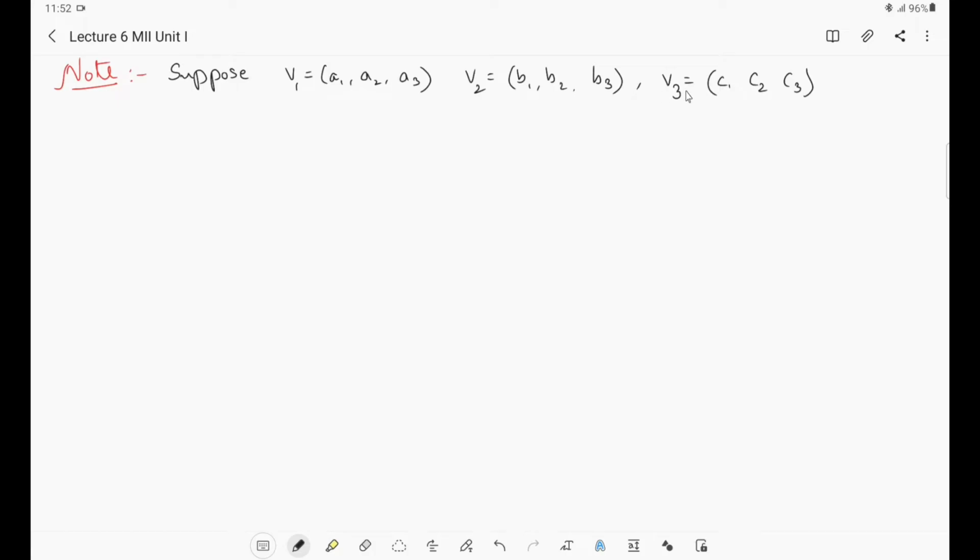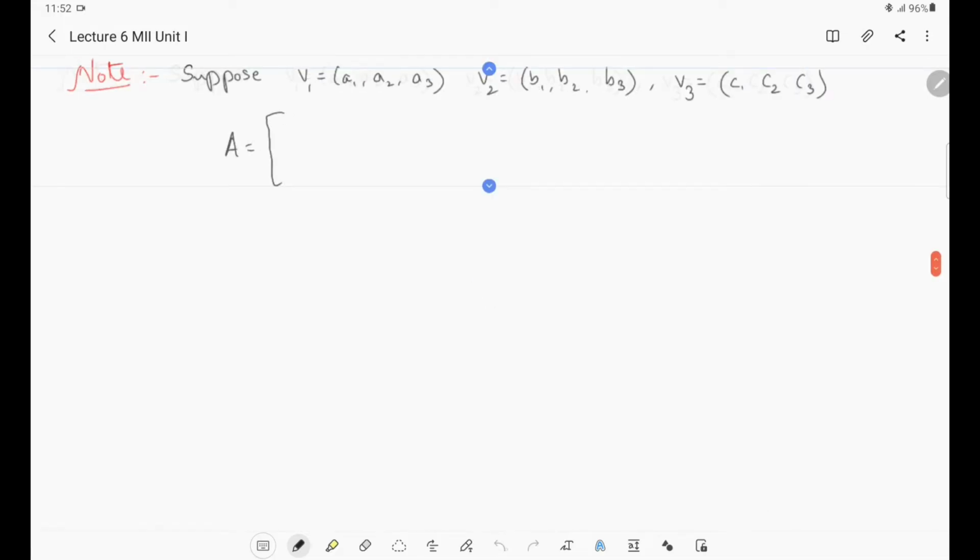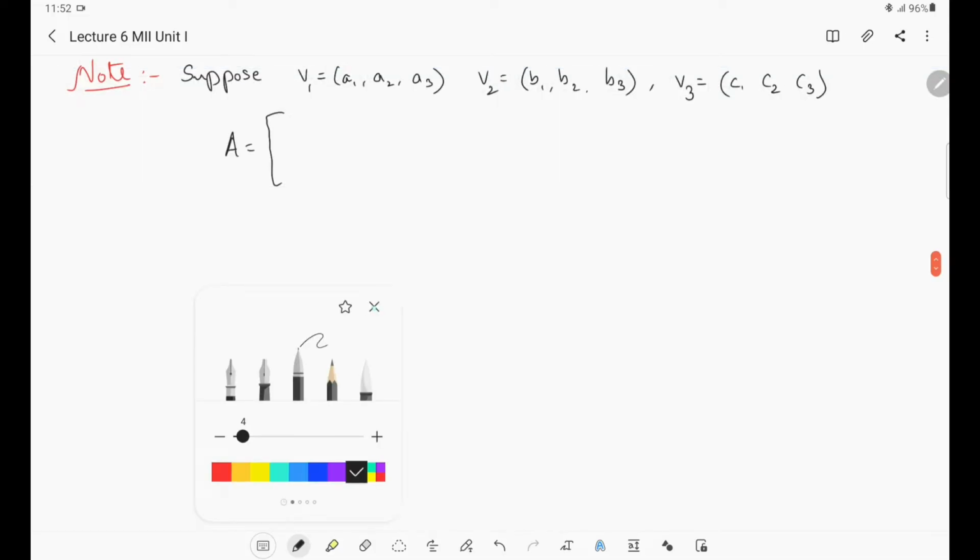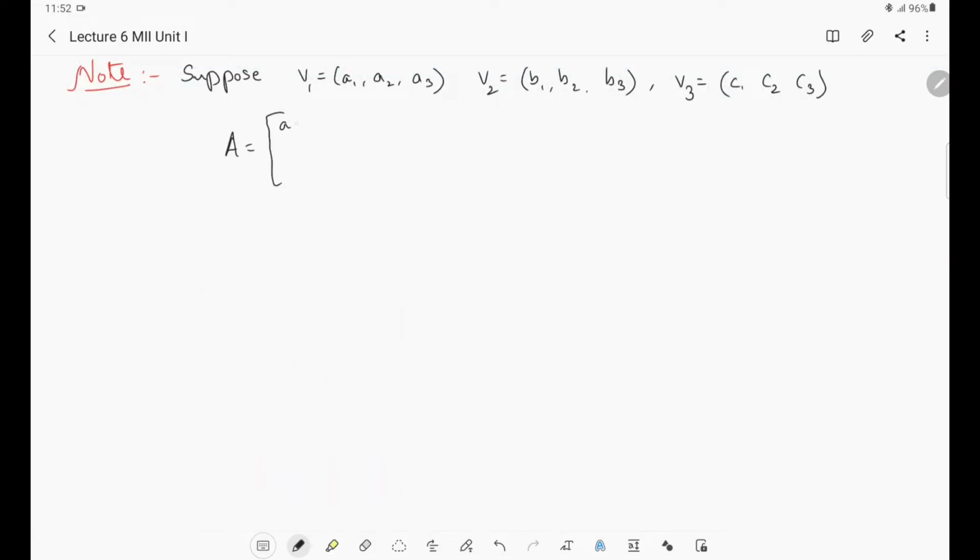If these 3 vectors are given and we are asked to test whether they are linearly dependent or independent, we have to form a matrix A whose rows are the vectors themselves: a1, a2, a3; b1, b2, b3; c1, c2, c3. v1 should be in the first row, v2 in the second row, v3 in the third row.